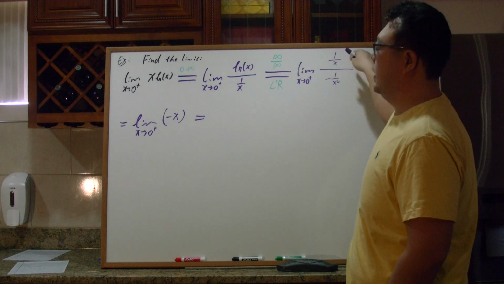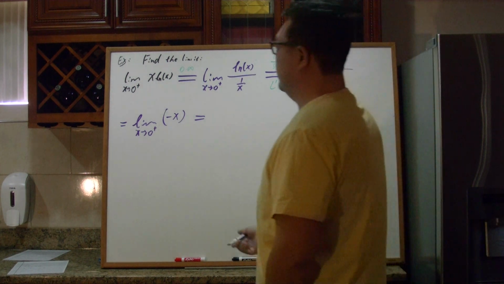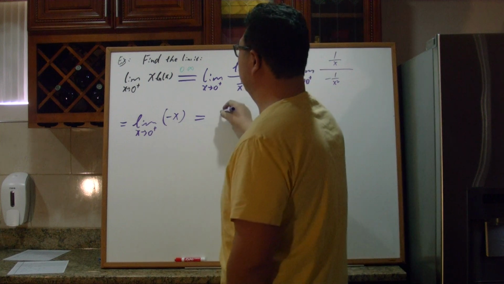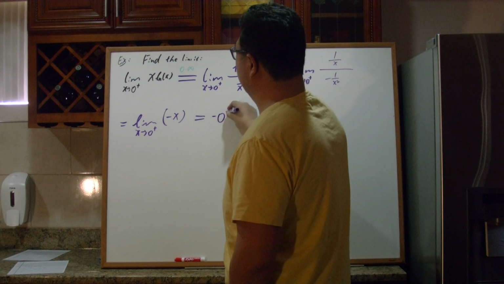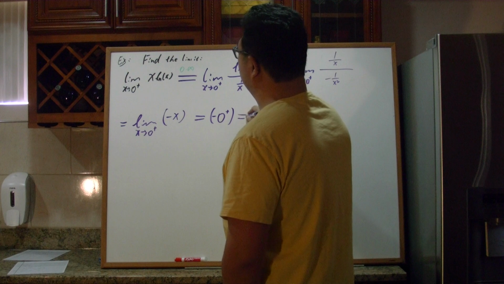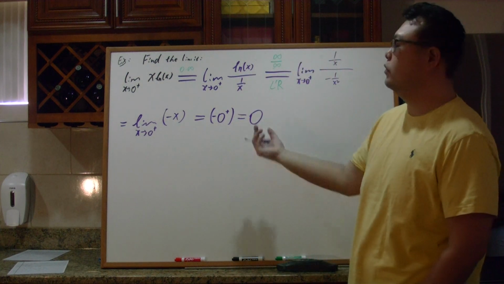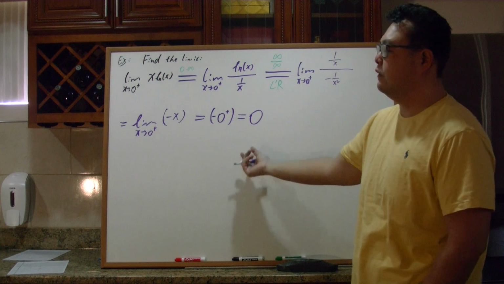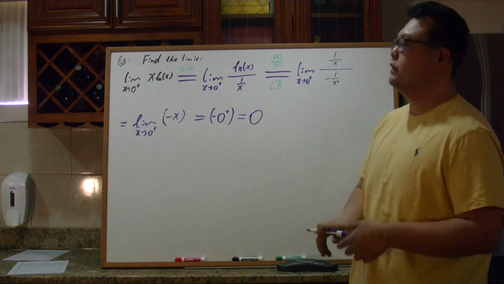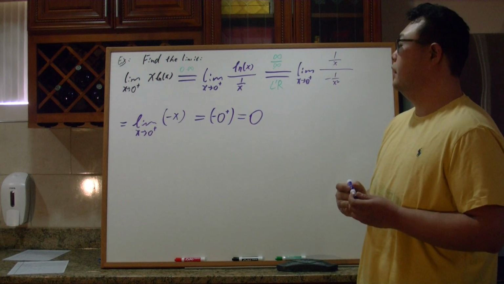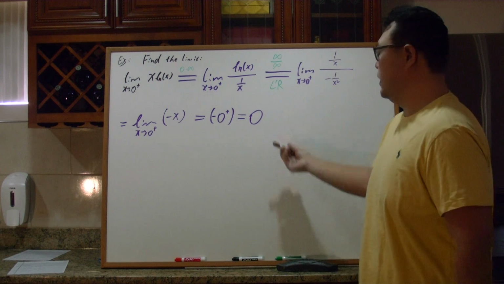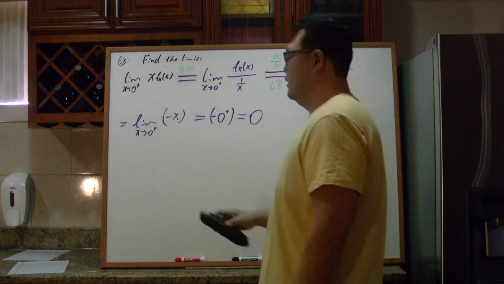Negative x squared over x is negative x. Then the 0 applied to it, that will be negative, but a little positive of 0, but it's still a 0. And no matter how small or how positive or negative the 0 is, that is still the 0, right, in that case. So we get it is equal to 0.